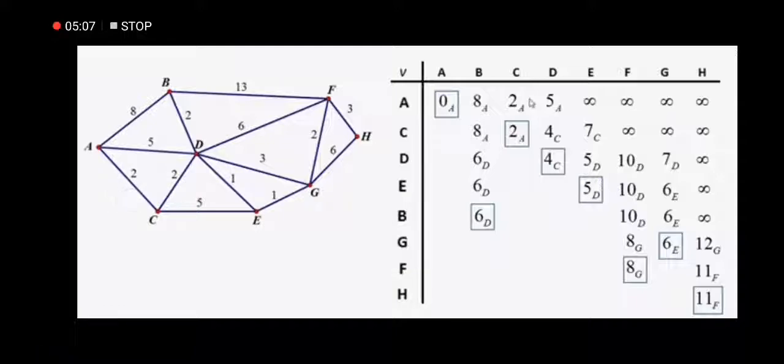This one is 2 plus 2, the total is 4. To E, we are counting the length from A to C and then C to E. So the total is 7.